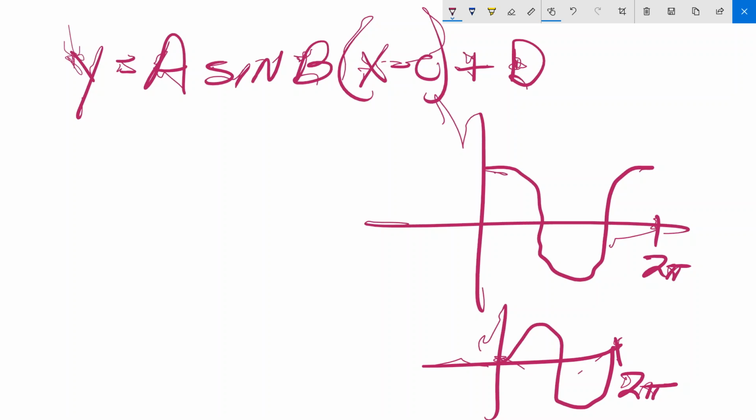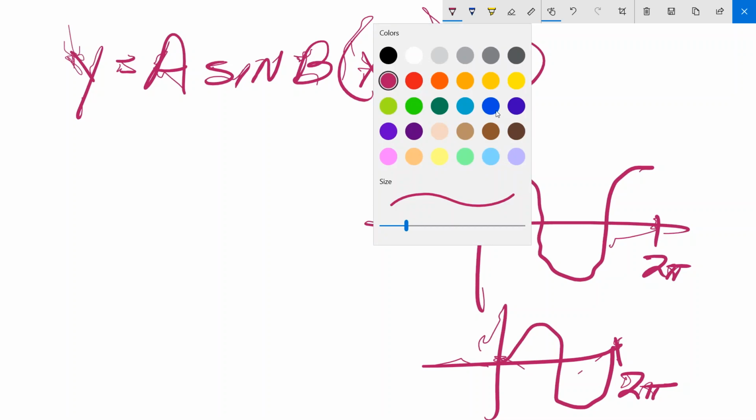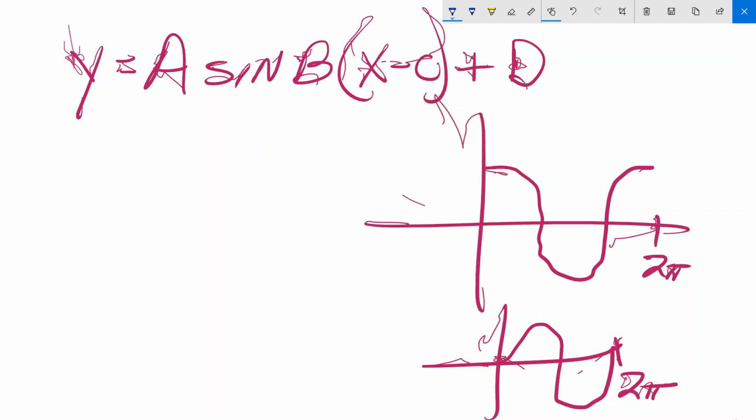In other words, if I take this top function, here, let me use a different color just so you can see what I'm doing. And I'm going to move it to the right by pi over 2. It then becomes this, right? I've taken this point right there and moved it that far to the right, which happens to be pi over 2.